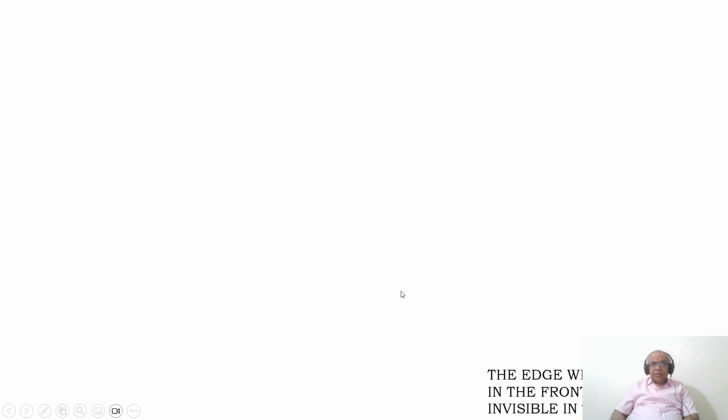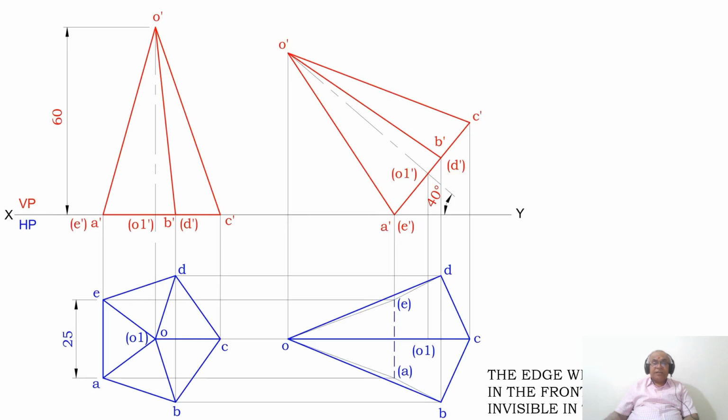Then the edge which is on the XY line in the front view is always invisible in the top view. So if you see here, A dash and E dash in bracket, these 2 points are on the XY line. As we look from the top view, this A dash, E dash will become invisible because all the surfaces are opaque.